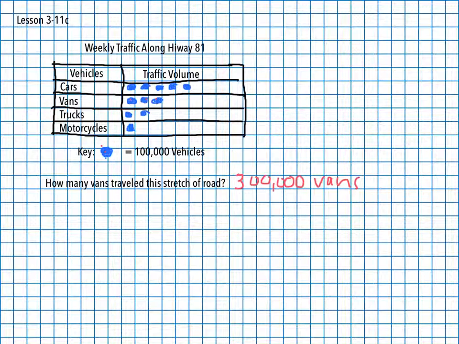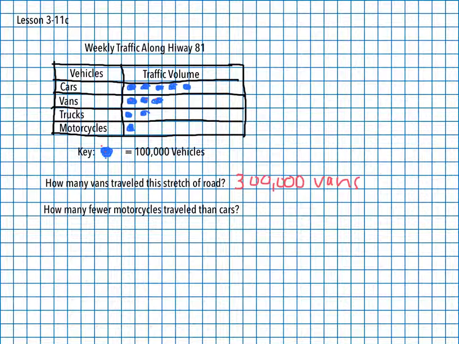All right. Our next question is, how many fewer motorcycles travel than cars? You're probably going to have to manipulate a number or two here. Why don't you pause the video and figure out how many fewer motorcycles traveled the road than cars.